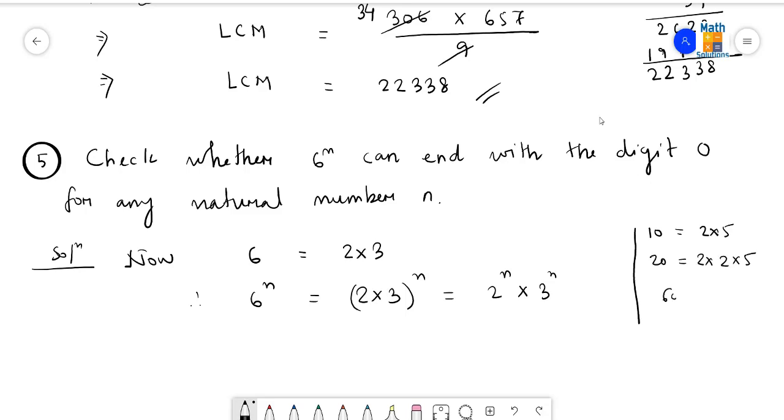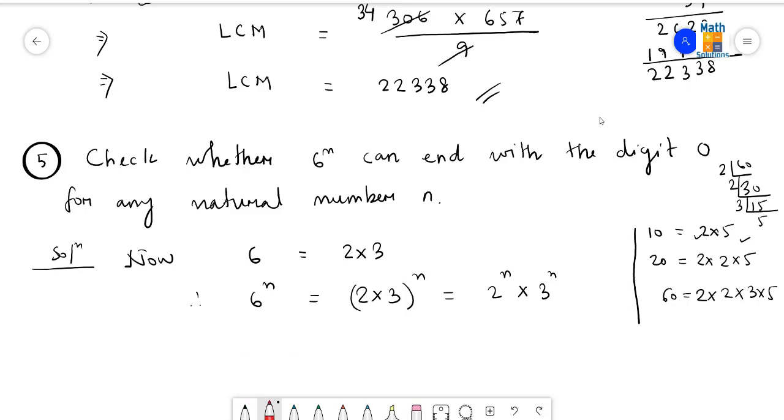Similarly say for 60, when divided by 2, we are getting the result to be 30. Then again divided by 2, I am getting 15. Then after by 3, it is 5. So the result will come like 2 into 2 into 3 into 5. So in all these cases, we find that 2 and 5 are the common factors.